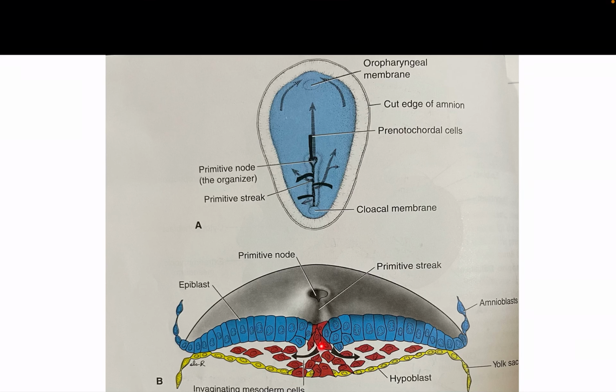Now the third layer is also formed from the epiblast cells, which migrate to the primitive streak and then settle between epiblast and hypoblast and form the mesoderm. So you can say that the epiblast is the mother layer from which the other 2 layers are derived: first the hypoblast, then the mesoblast, the mesoderm. It is the mother layer which gives the derivatives.